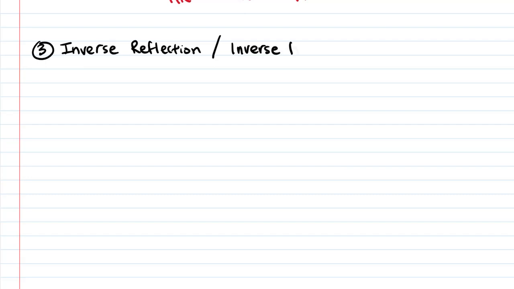Okay, let's finish with the last type of reflection, which is inverse reflection. Some people use the inverse function for inverse reflection, so you can even call it inverse function. And there is a symbol for inverse function or inverse reflection, which is this.